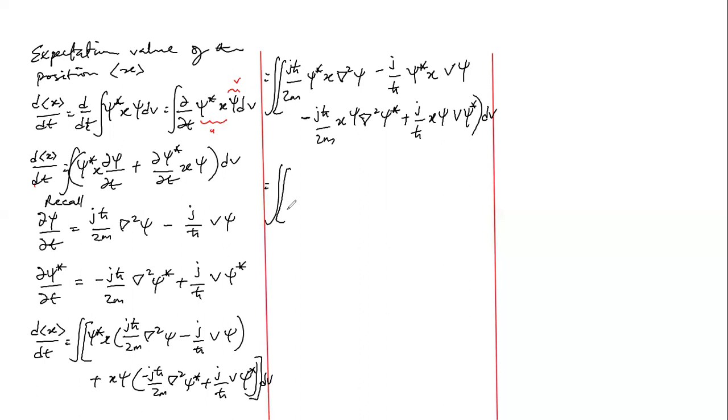So let us do a little rearrangement here. Then we have j h cross over 2m, rewriting this as x nabla squared psi minus j over h cross x V psi, minus j h cross over 2m nabla squared psi conjugate x psi. And then let's put this together.